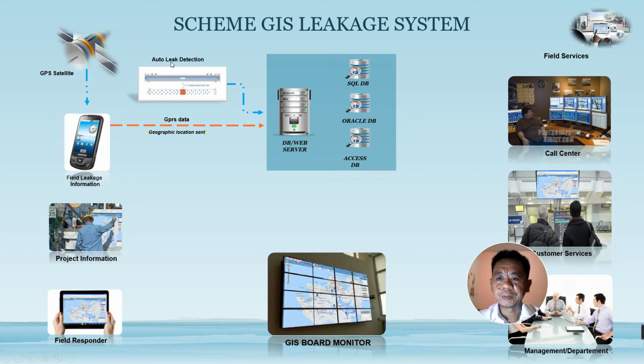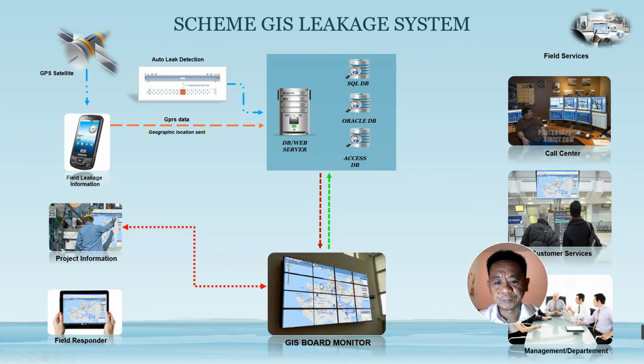They will automatically inform the server of the location of the leakage. And then from the GIS application, we can share to the GIS board, and then inform another database.